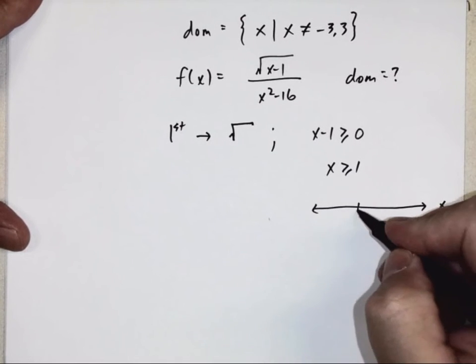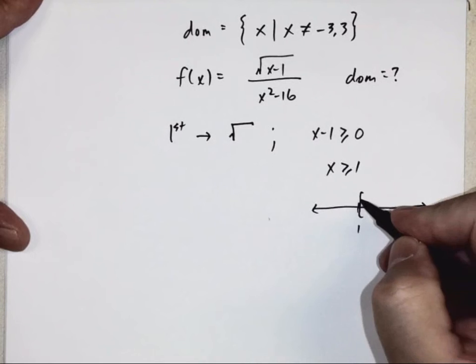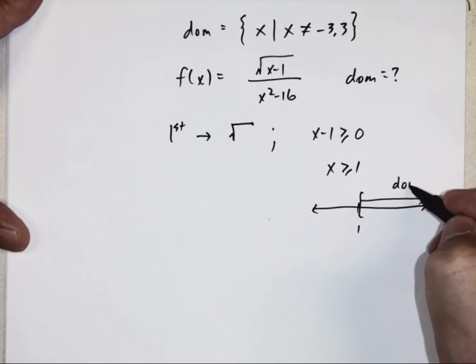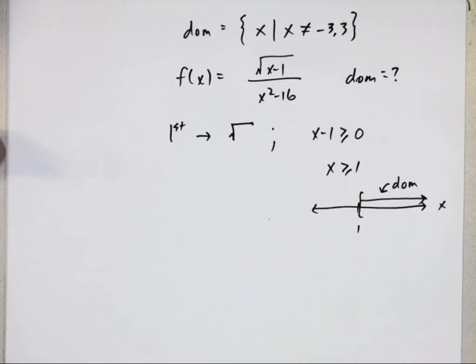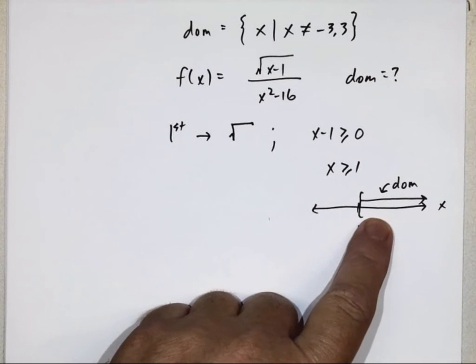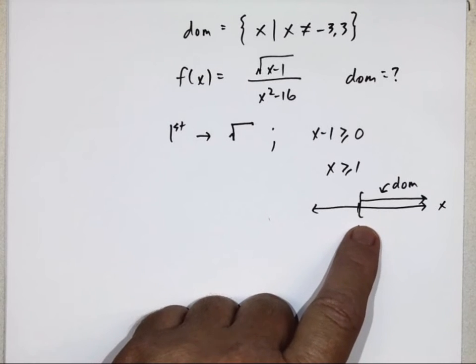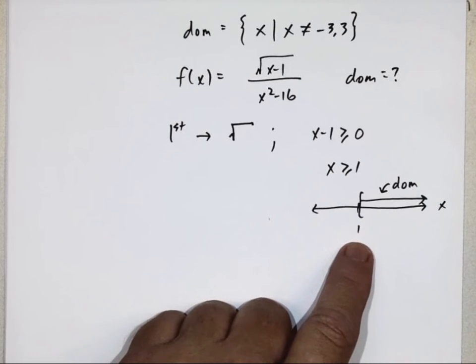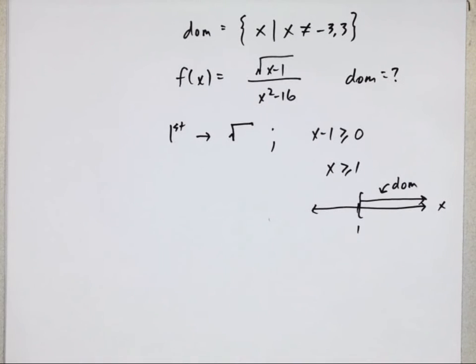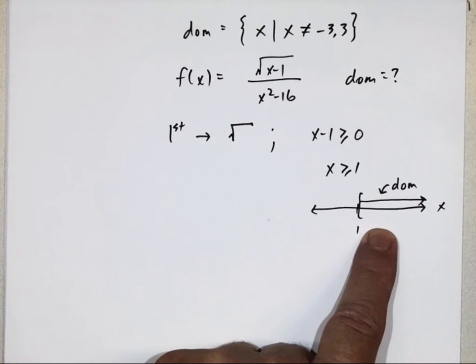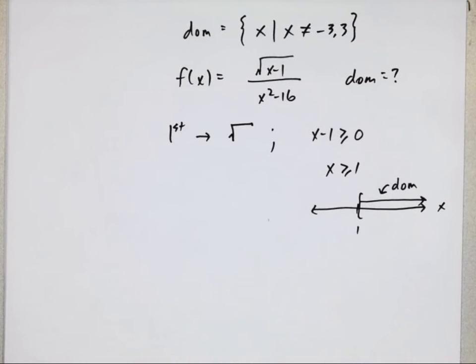So far, this is my domain. So my domain has now changed because of the square root, such that my domain is now from 1 to infinity. Of course, this new domain is now the result of the impact of having the square root.